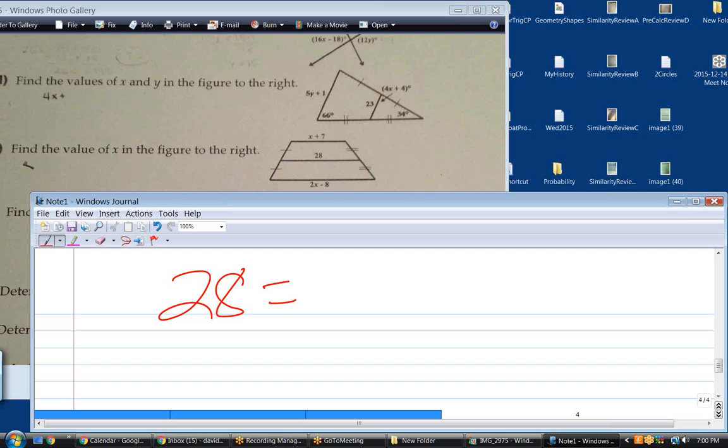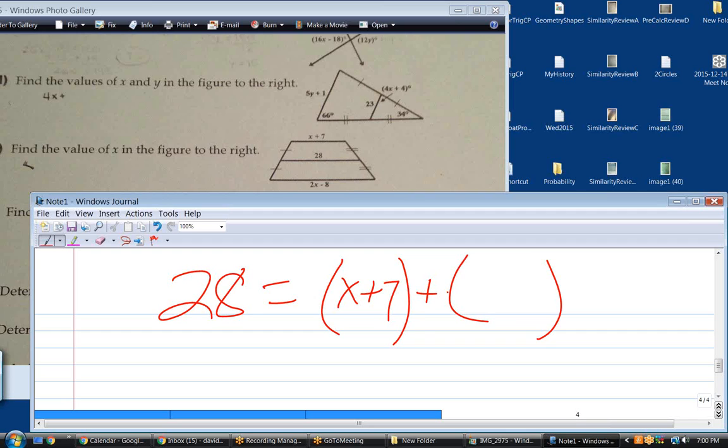We added them and divided by 2. So add the top base to the bottom base and divide by 2. Spell it out for me. There's the top base. No, just spell it out for me. Don't do the math. Just spell it out.